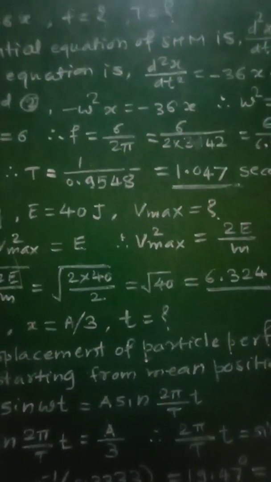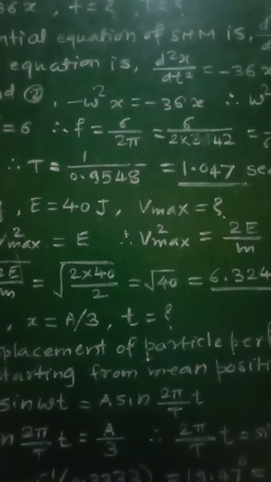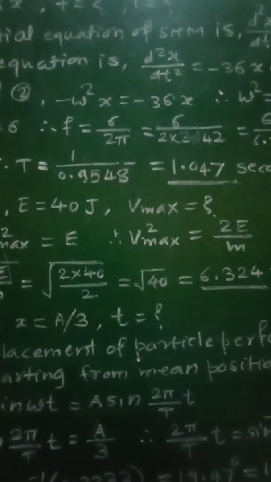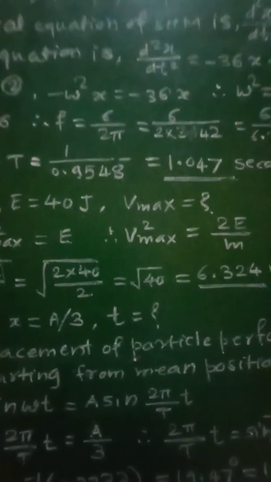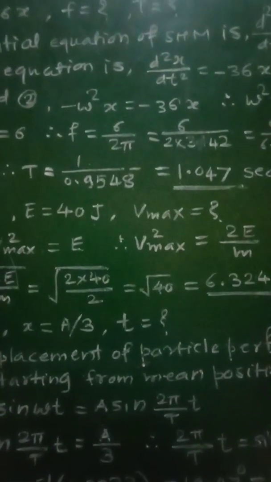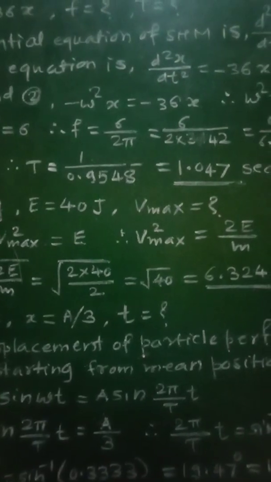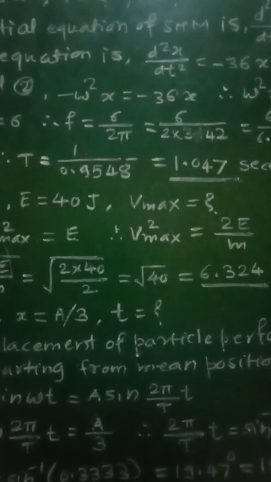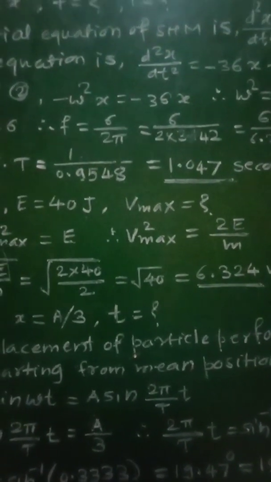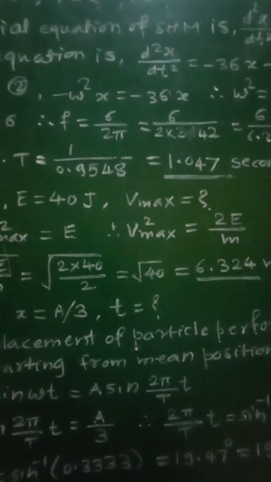Now, when that body is crossing the mean position, its velocity will be maximum, and so the energy E will be purely kinetic energy. As that body is crossing the mean position, its velocity v is equal to v maximum, and as velocity is maximum, it will have purely kinetic energy.